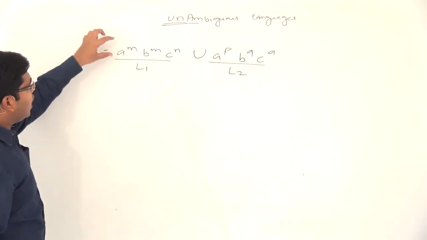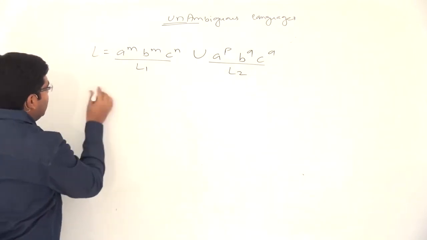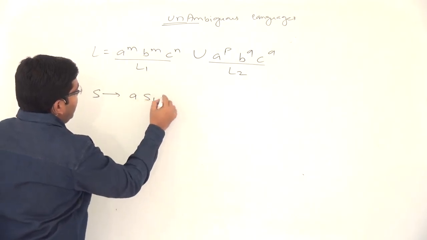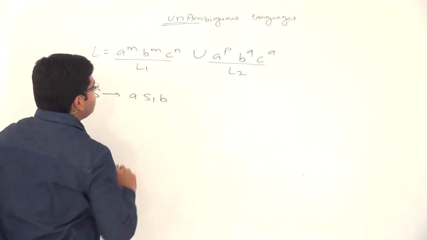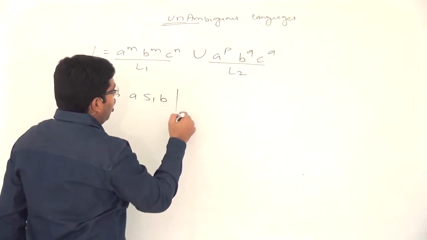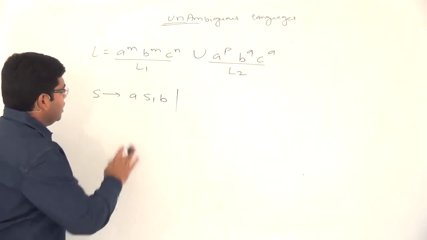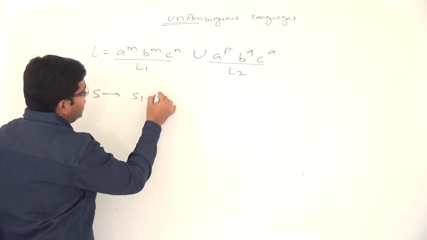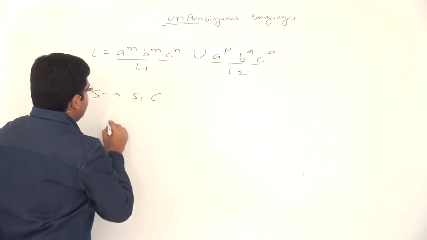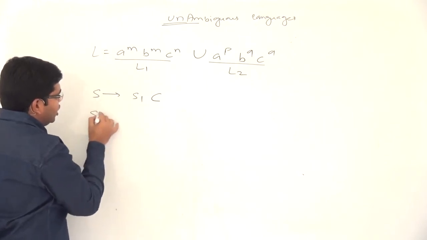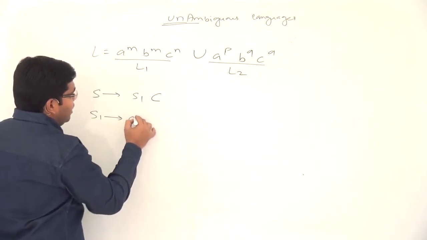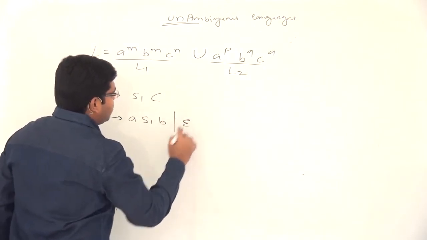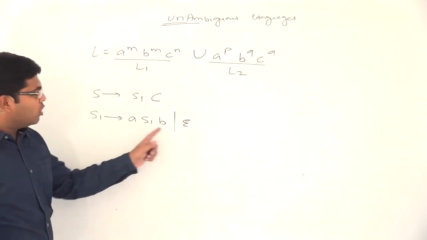Let's write down a grammar for L1. It will be like S produces S1 C, then S1 produces A S1 B or epsilon. So you can generate an equal number of A's and B's on both the sides.